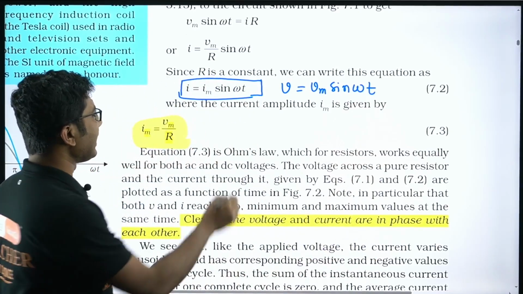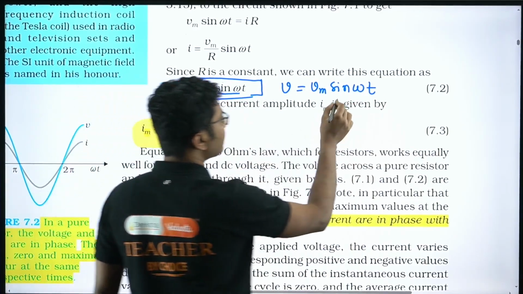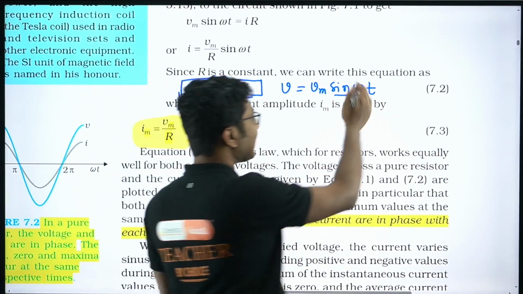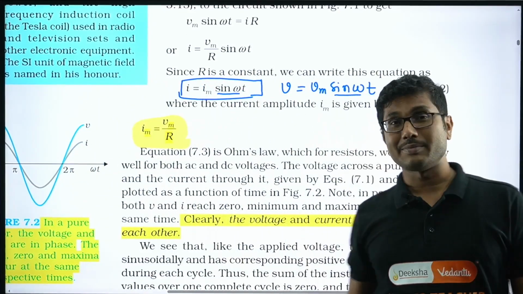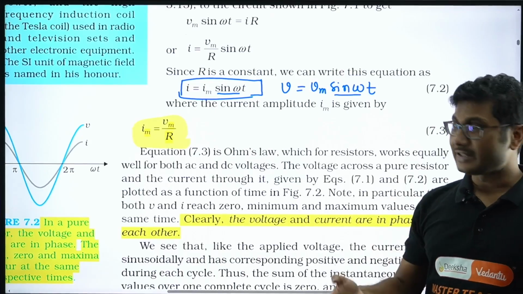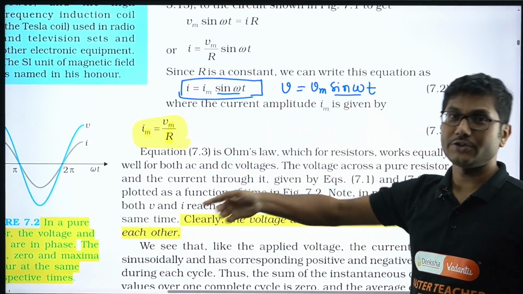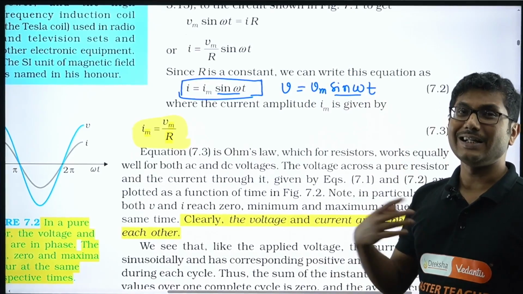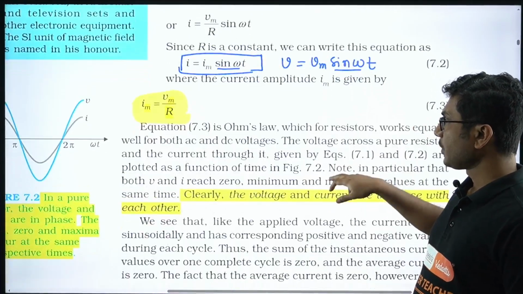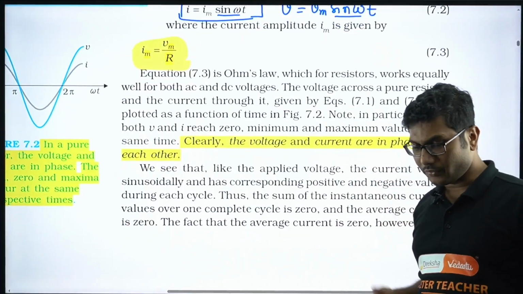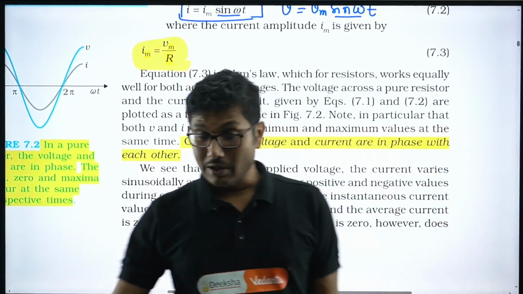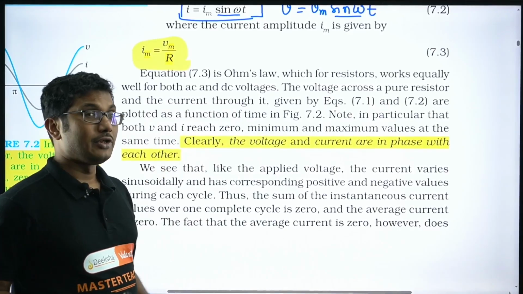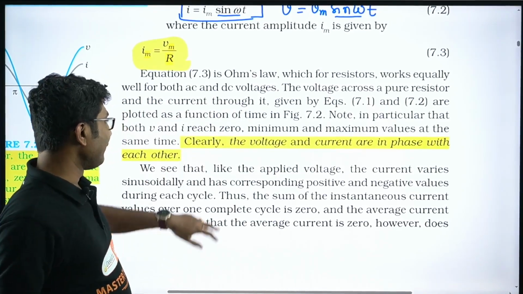Now here also sin omega t, here also sin omega t, so both of them have the same sin omega t, nothing is plus or nothing is minus, that means they are in phase. If you find two functions which have the same trigonometric relation, then we say they are in phase. So this is one important thing: in case of AC applied to only a resistor, the current and voltage will always be in phase.